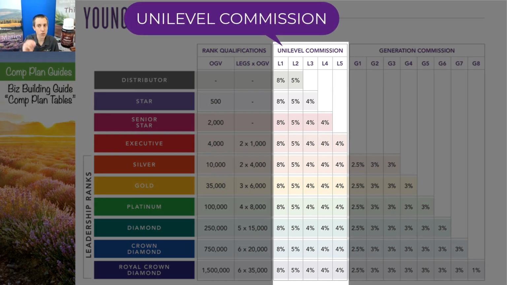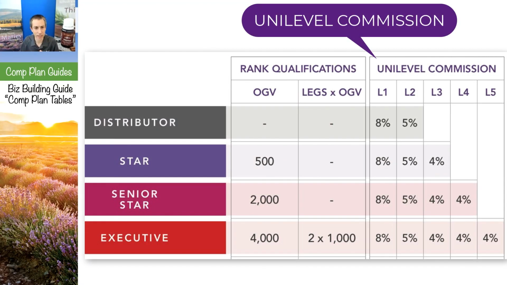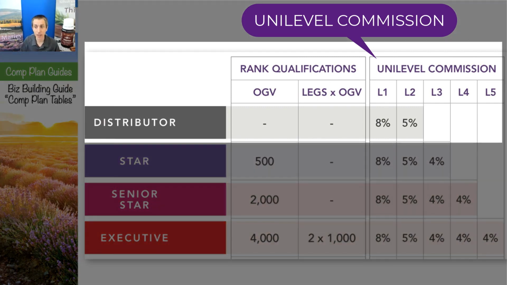Now I'm going to zoom in on this just so I can bring your attention to something here. You'll see that as a 100 PV distributor, if you have a look in the unilevel commissions column, it says L1 and then L2, and it has values in those two fields. It has 8% under L1 and 5% under L2.